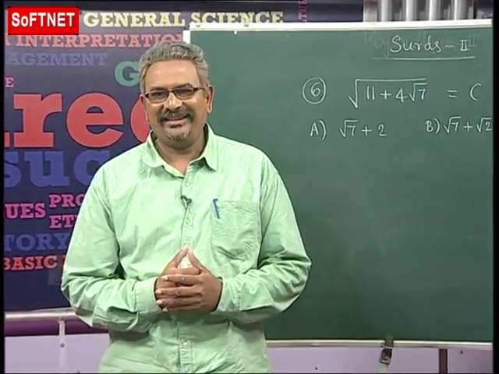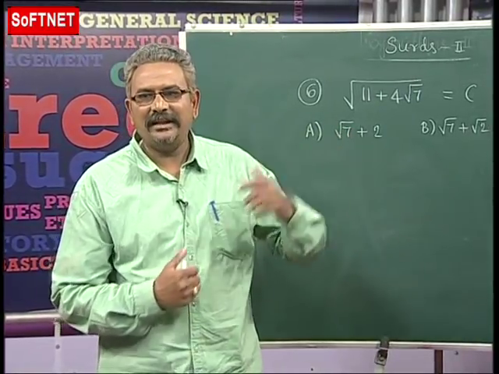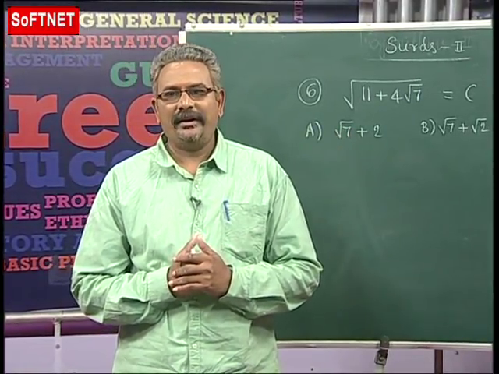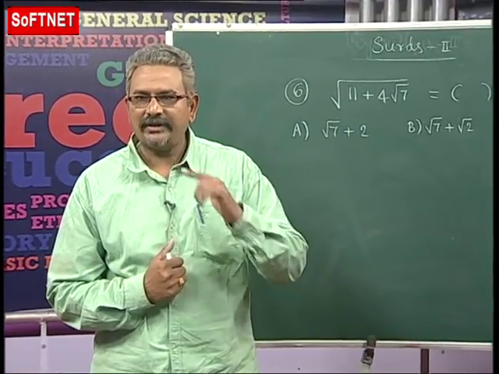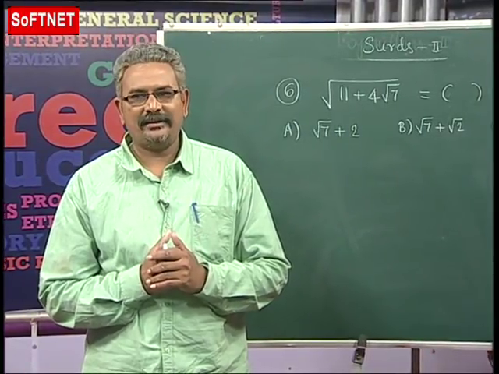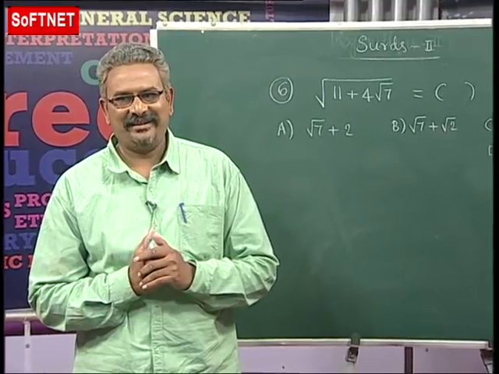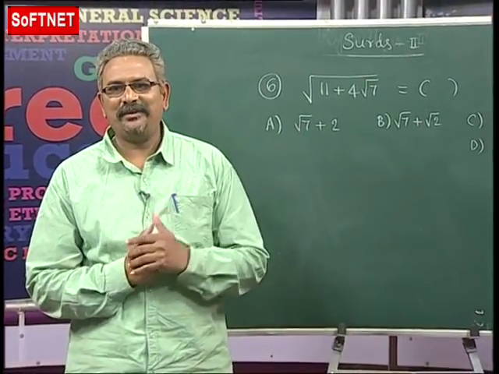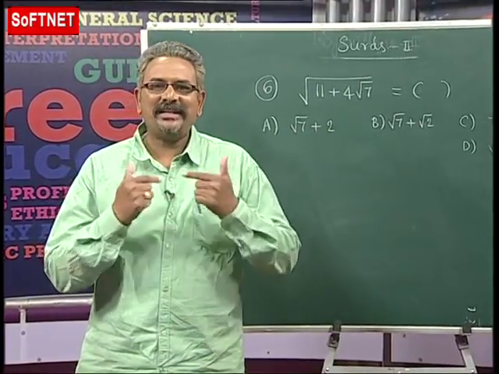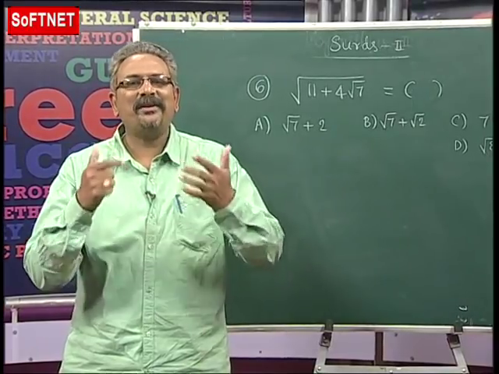In general, if the given one is in the form of x plus y plus 2 root xy, directly we can write root x plus root y as the answer. But if you observe this problem, instead of 2 root xy, here we have 4 root xy form.